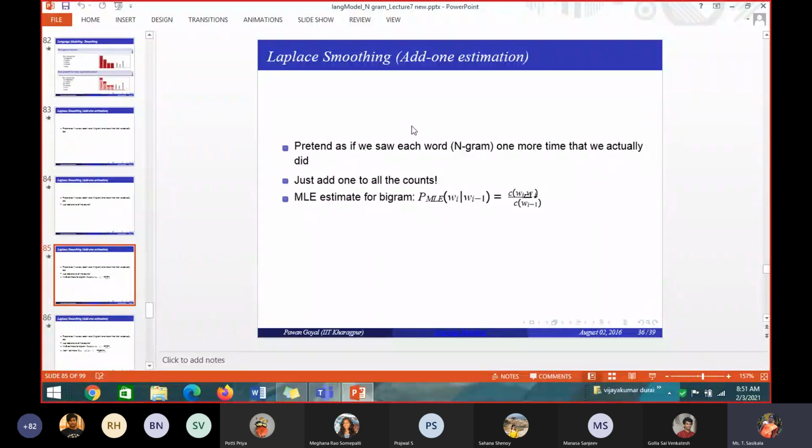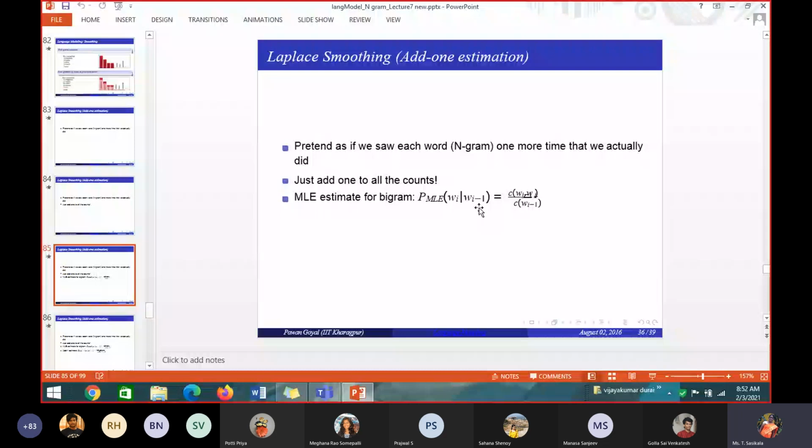So what is the normal MLE, the maximum likelihood estimate, for a bigram? What is the formula for the probability of WI given WI minus 1? The previous word is given, and I want to find the next word. We have seen the formula and some examples, right? Please look into your notebook.